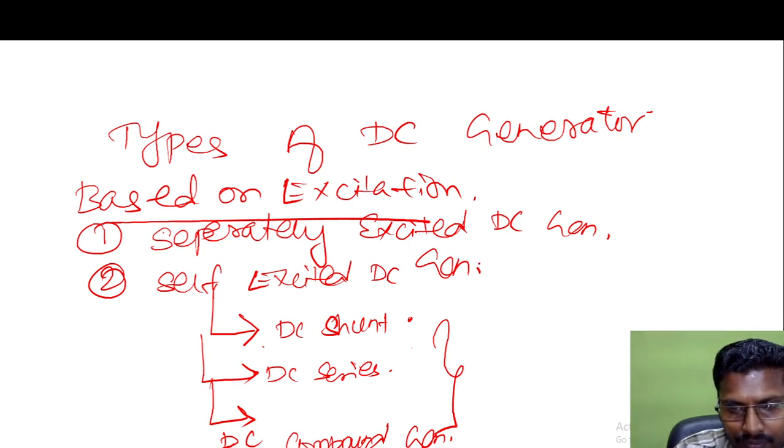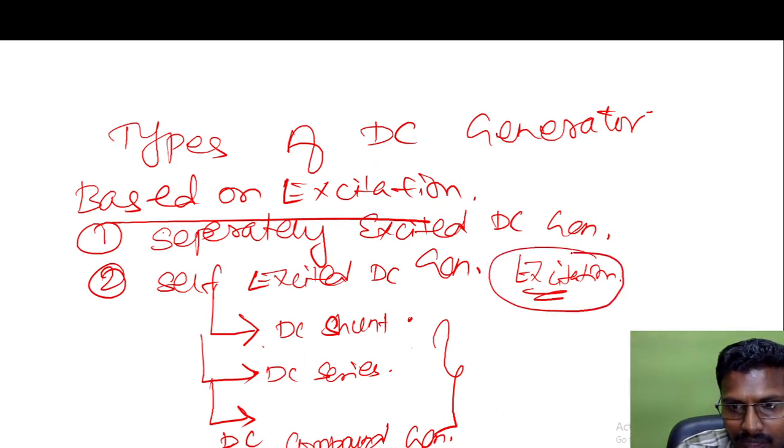So the basic concept behind excitation is, the meaning of excitation itself shows the type. Excitation means we are going to excite something by some means.